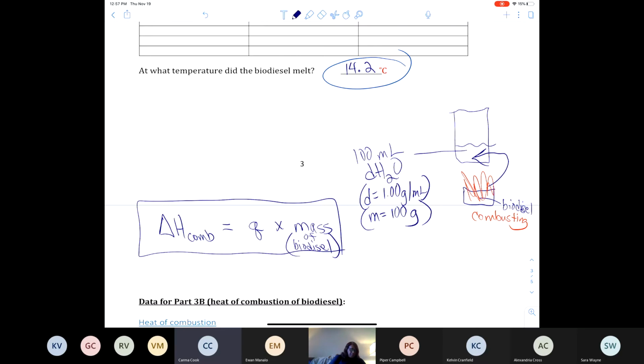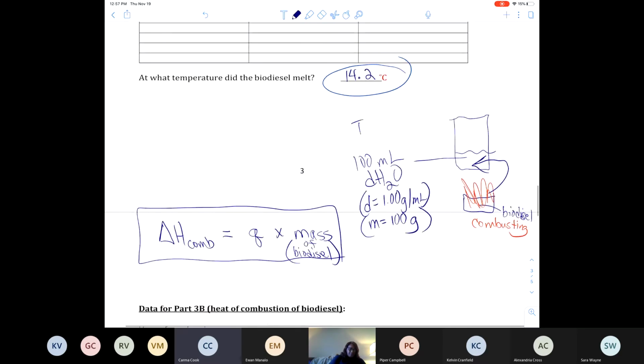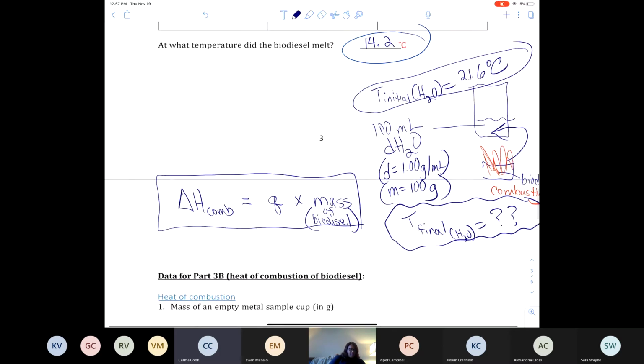So we want to know the initial temperature of the water. I do believe it was 21.6 degrees Celsius. And then we let the heat from the combusting biodiesel heat the water up. And then we want to get a final temperature of the water. That's very important. Once we know the final temperature of the water, then we can calculate Q.